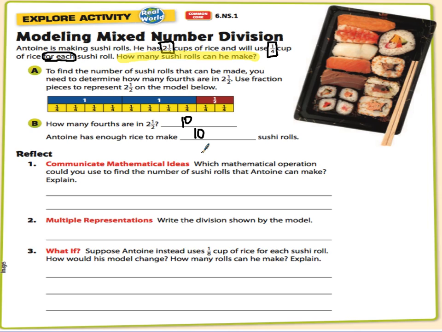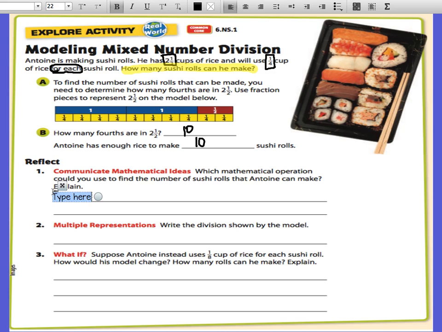Right? So which mathematical operation could you use to find the number of sushi rolls Antoinette can make, and explain why? Well, we could use division, and not just because we know this lesson is about division.